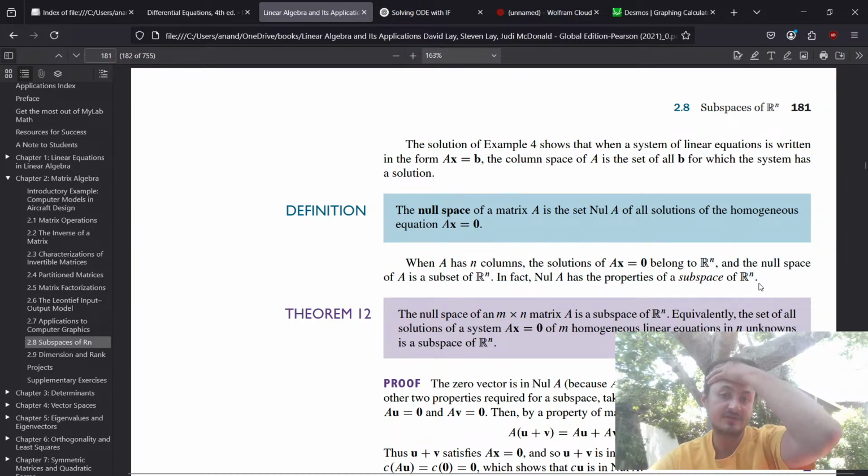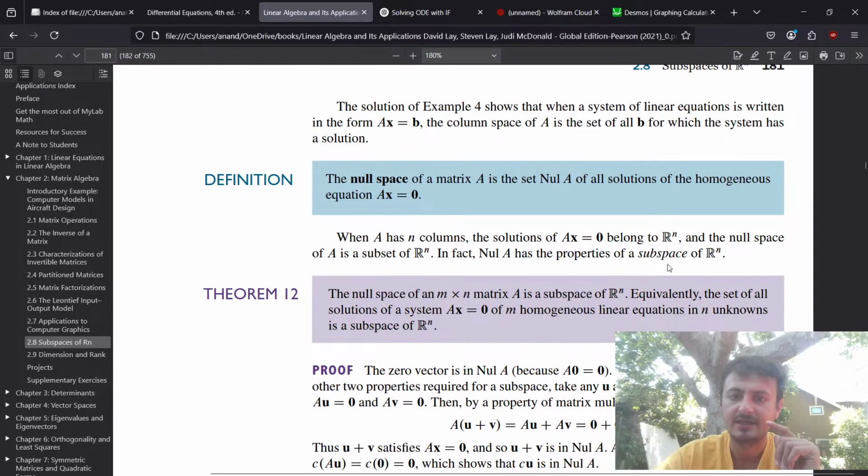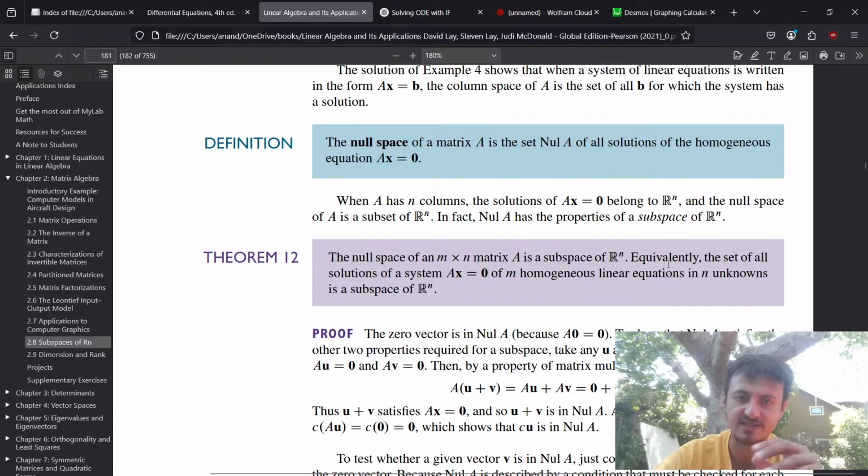And the reason why this is cool is that the null space, which some people call the kernel of this linear transformation, is a subspace. So it's a vector space itself.